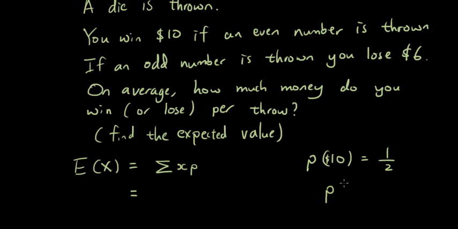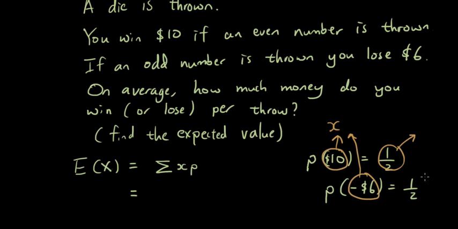The probability of losing $6, so -6, is also a half. Each of these money amounts are x values. That's an x value, that's an x value. These are all x values.